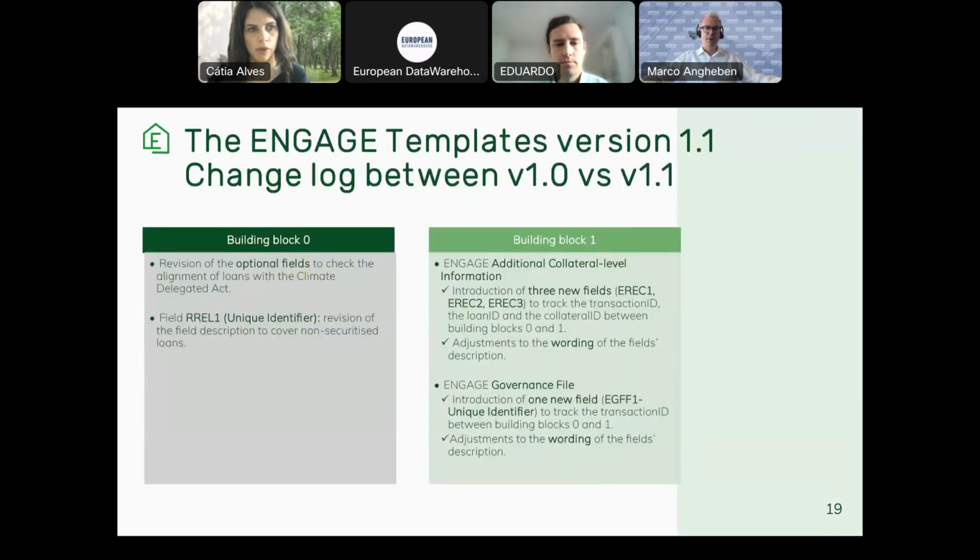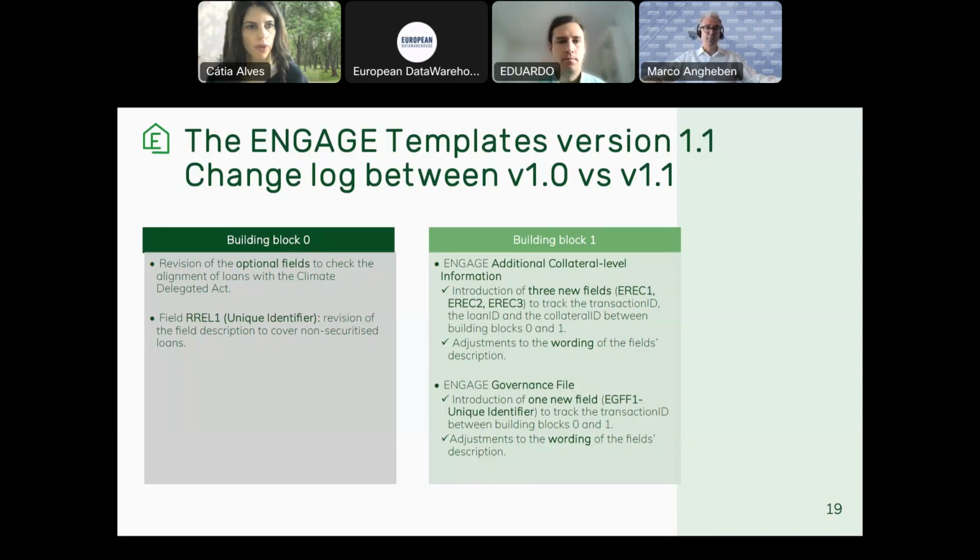Now, so in summary, what are the main differences between the version 1.0 and 1.1? Well, in terms of the building block 0, we have revised some of the optional fields in terms of making sure that this is aligned with the Climate Delegated Act, and we introduced also the unique identifier to allow and to cover non-securitized loans in the reporting according to the Engage templates.